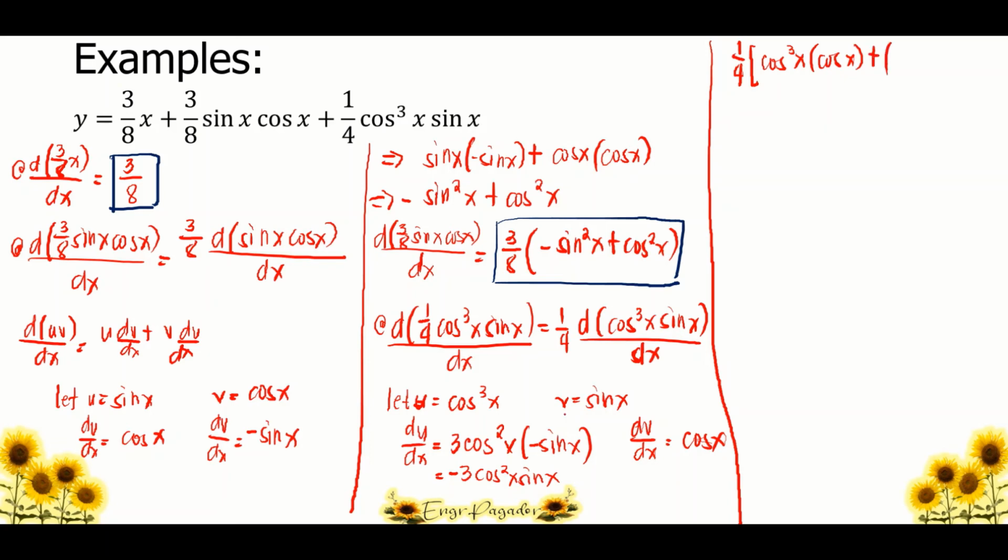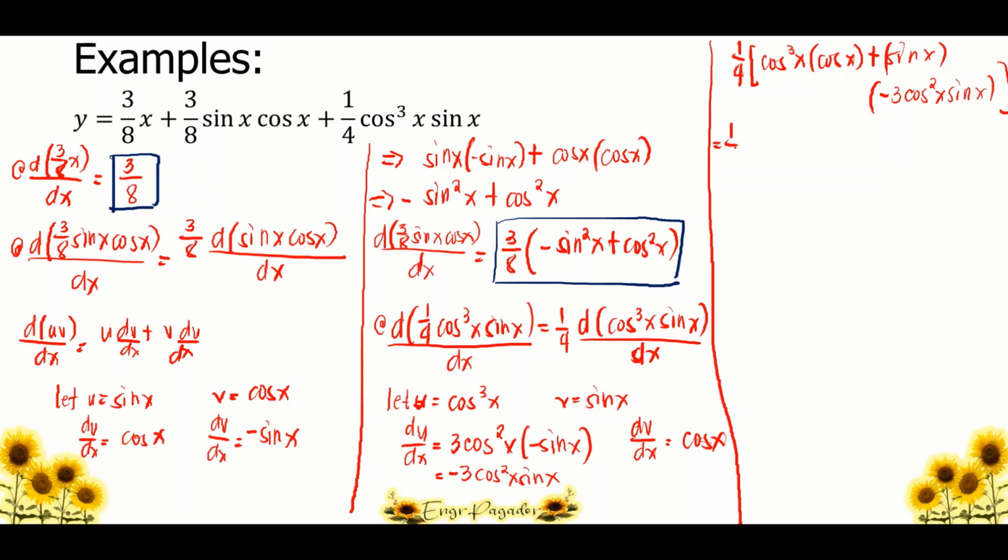plus our v, which is sine x, multiplied by our du over dx, that is equal to negative 3 cosine squared x sine x. So, from there, let us simplify.